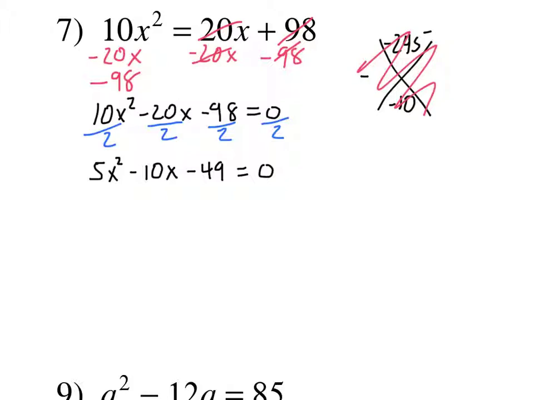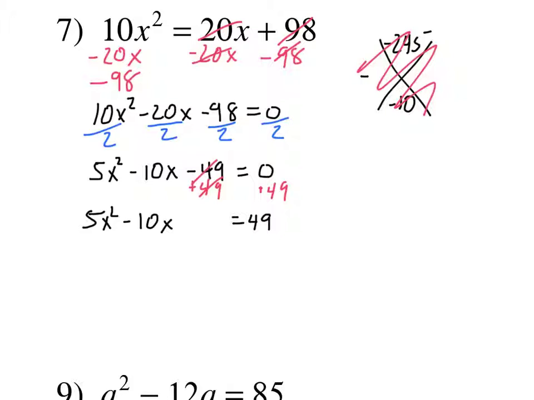So for completing the square, we want to go through and add 49 back to the other side. So we now have 5x squared minus 10x equals 49. What's the next thing we want to do?